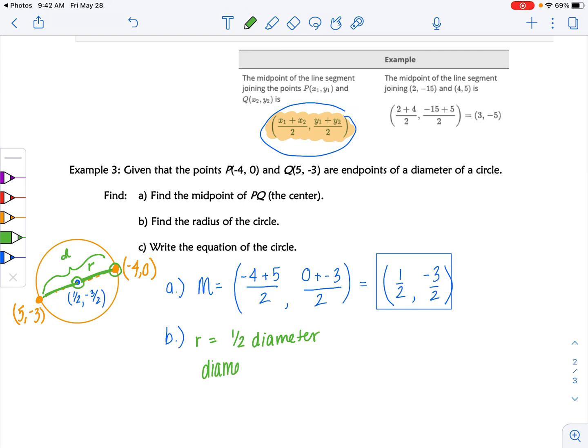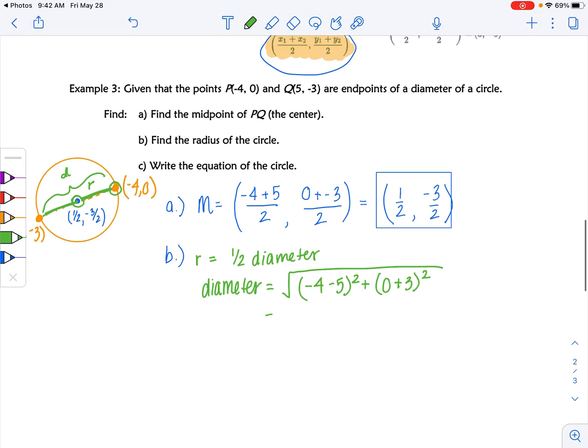So diameter, plug in your endpoints. Make sure you do plus minus. Let's go through these steps here. -9, 3, don't forget they're squared.